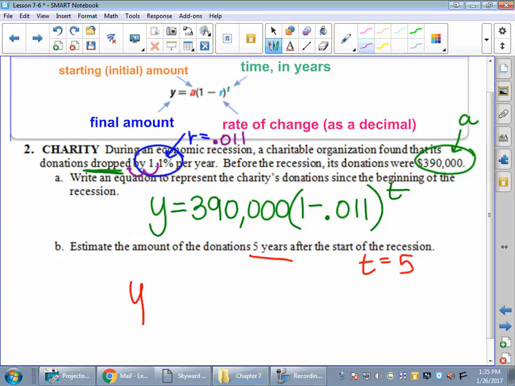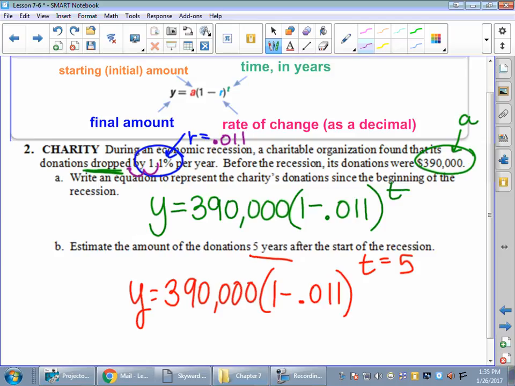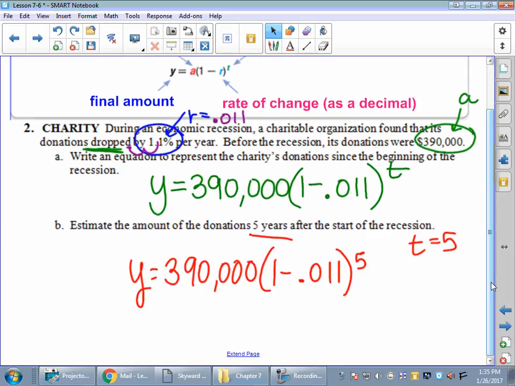So let's go to our calculators. Well, let's write down our equation first: 0.011 to the 5th power. So go to your calculators, follow order of operations, start with parentheses, 1 minus 0.011. Raise that answer to the 5th power.